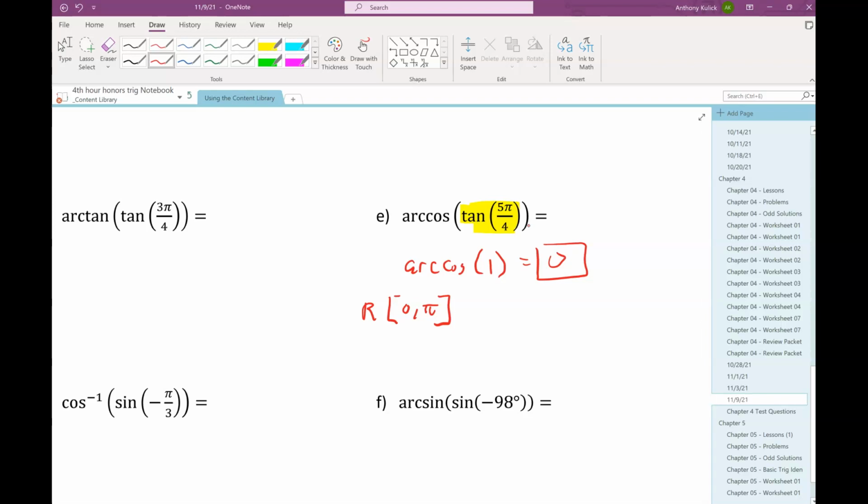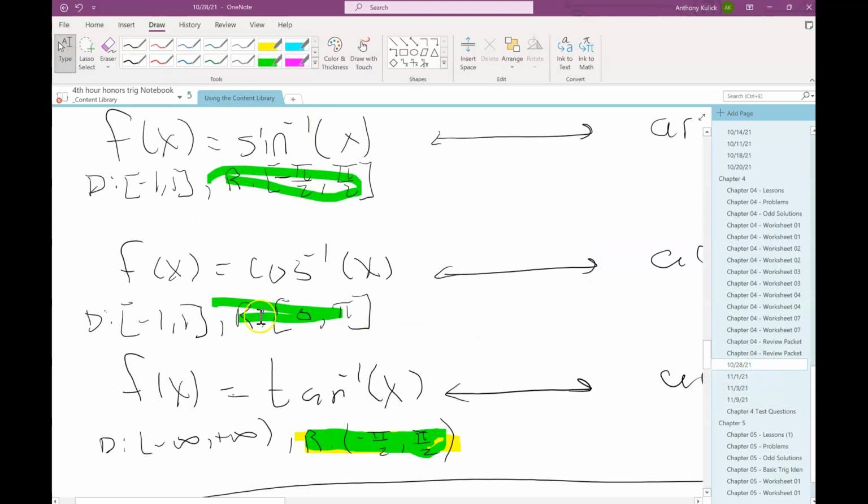Sure, no problem. Drake? How do you get the range is like 0 to pi? That's part of the definition. So that was something I have memorized. So again, in the very first day, we gave these fundamental ranges for the inverses. So unless it explicitly states that you're looking for an angle between some other measure, these are the ranges that you'd use for sine inverse, cosine inverse, or tan inverse, respectively.